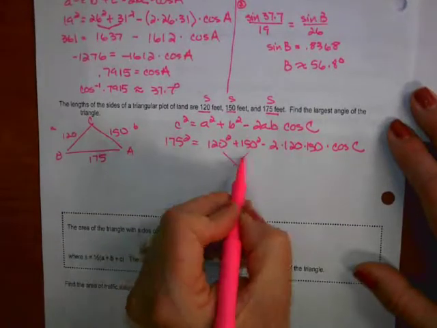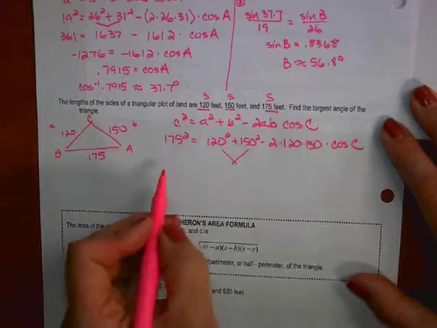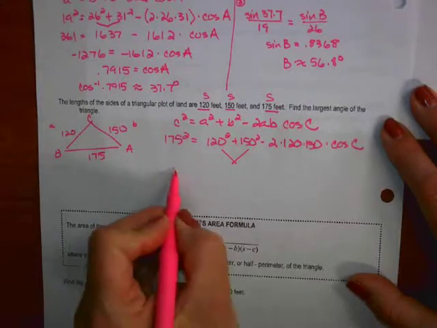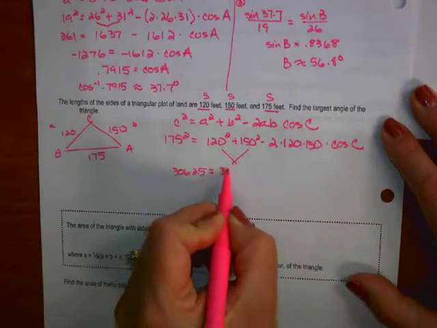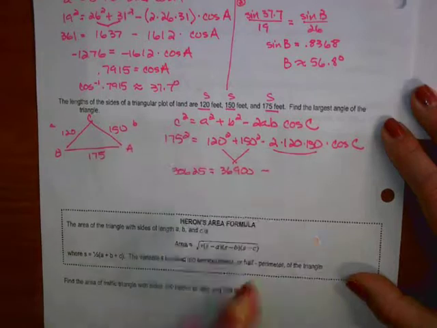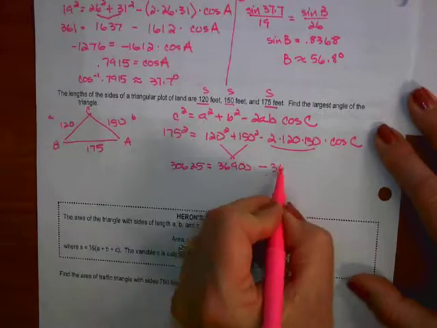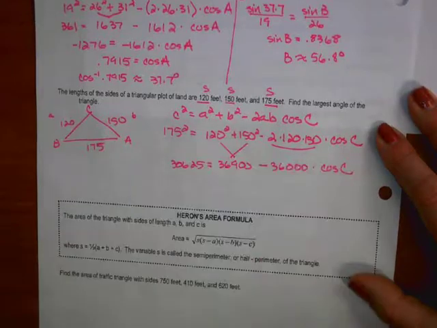It's easiest if you put these together. So it's 30,625 equals 36,900, and then you put all this together, minus 36,000 times the cosine of C.